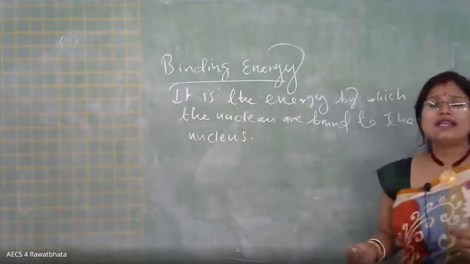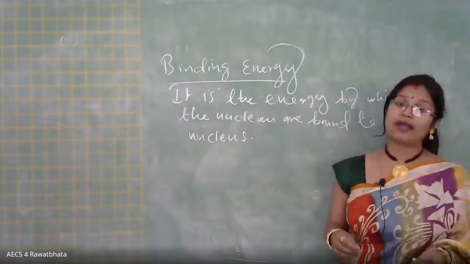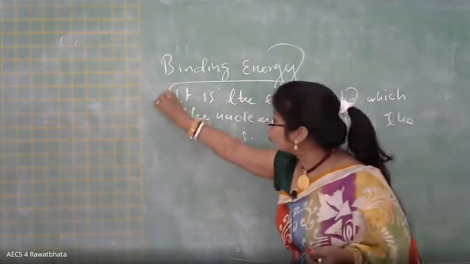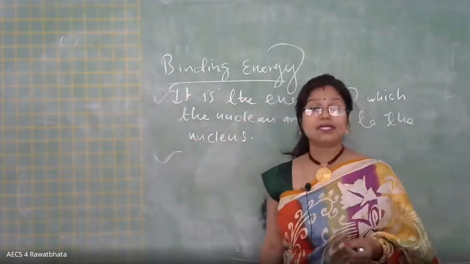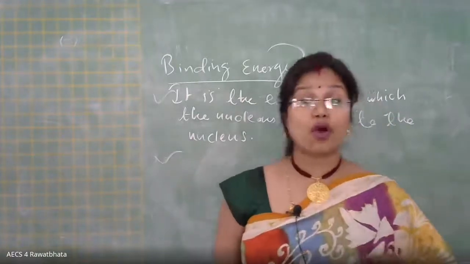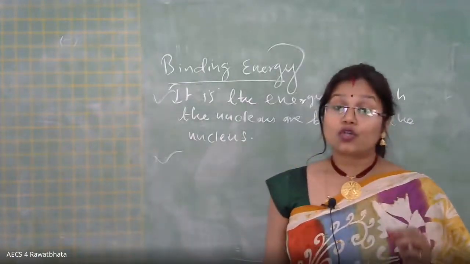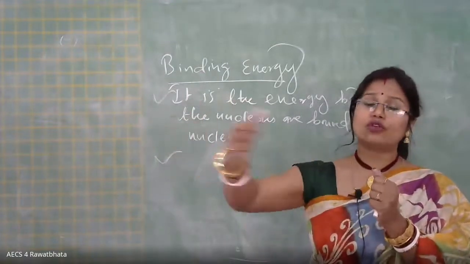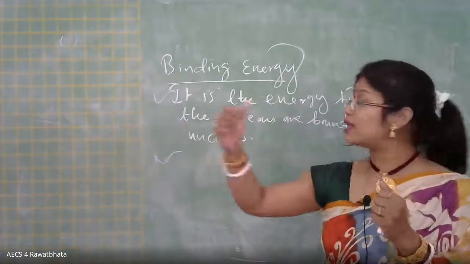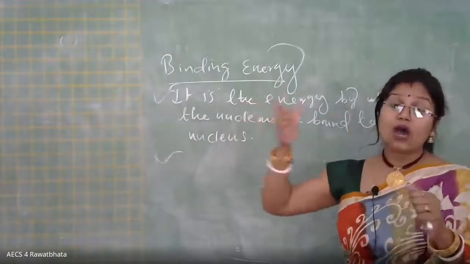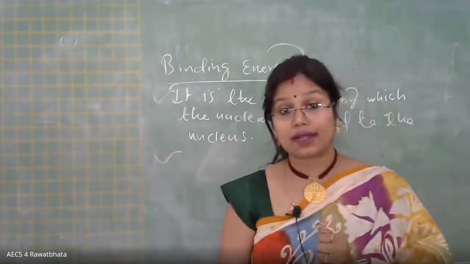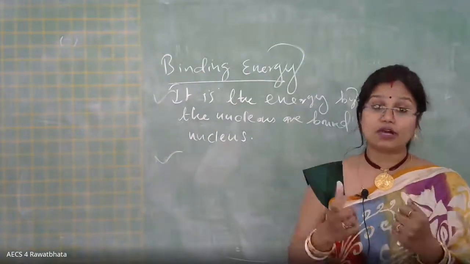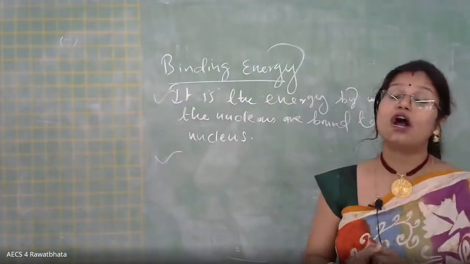Now, there are different ways to define the binding energy. This is the first way, dear. We can also define the binding energy as the amount of work done required to remove the nucleons from the nucleus to such a place where they won't interact with the nucleus, or won't experience that force there.